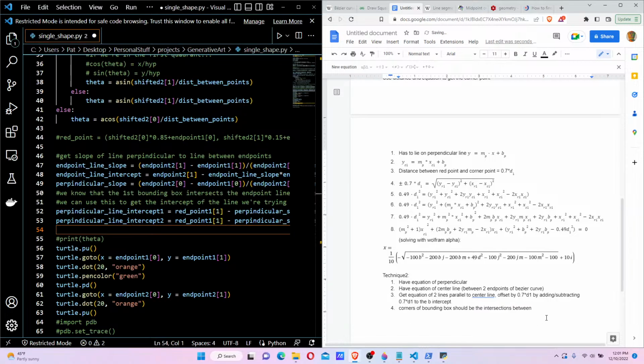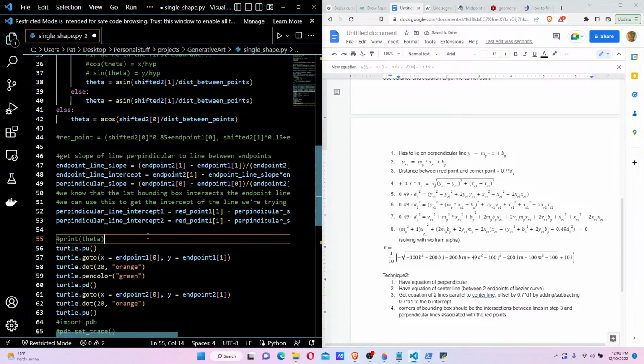Corners of the bounding box should be the intersections between lines in step 3 and perpendicular lines associated with the red points. Cool.